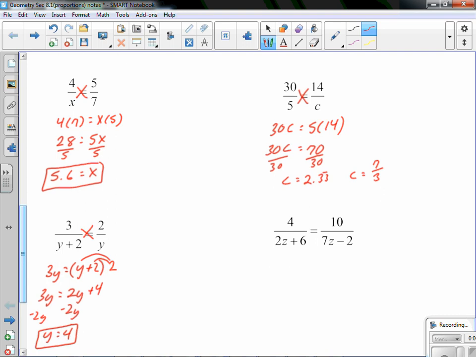And the last example there, still same concept, just getting a little more difficult. Right? So still going to cross multiply. So 4 multiplies times the whole quantity, 7z minus 2. That's going to be equal to 2z plus 6 times 10.